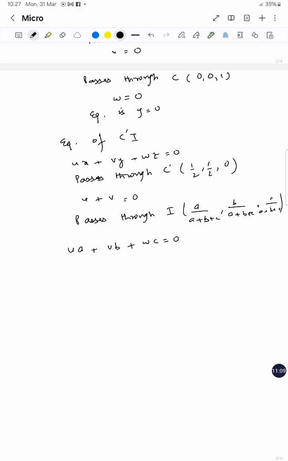These are homogeneous coordinates, and by that I mean the sum of the x, y, and z coordinates of any point is 1. So we can say u equal to 1. Then from this equation v is equal to minus 1.